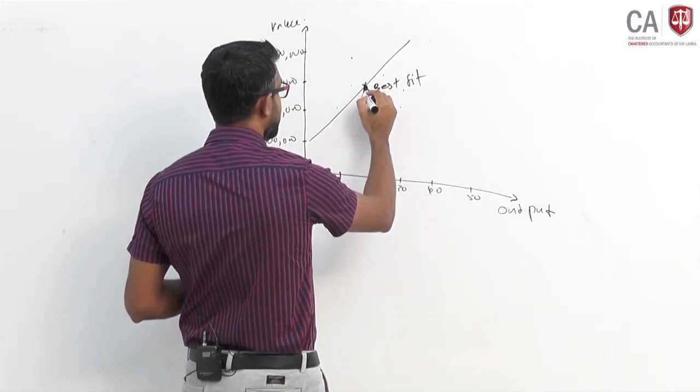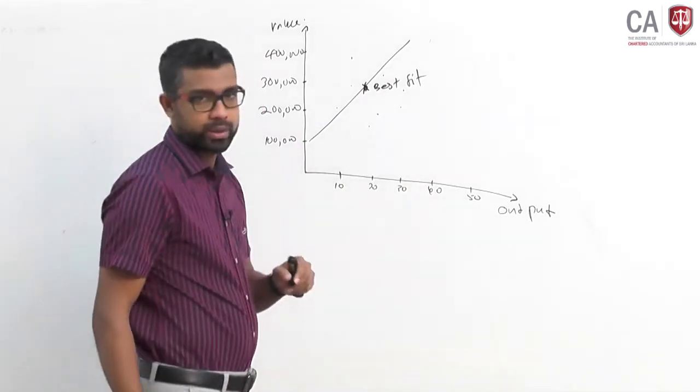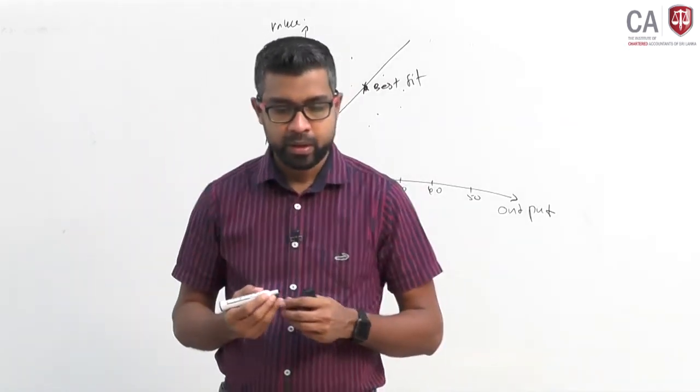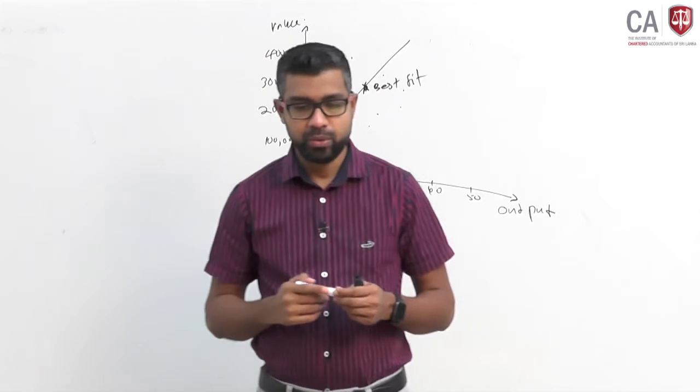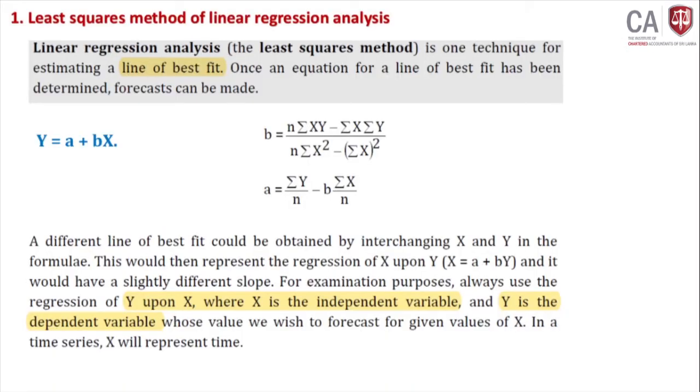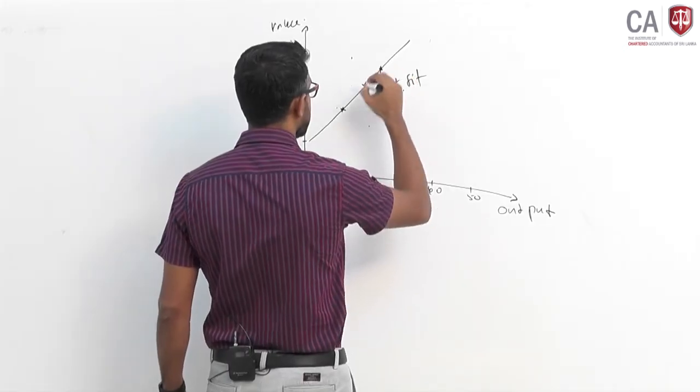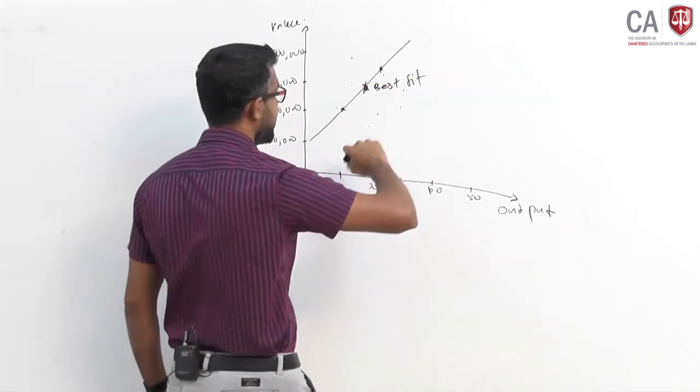That is what we are going to find out. Once the equation for a line of best fit has been determined, the forecast can be made. Whatever the outcome here will be the best fit, and based on that you can forecast.